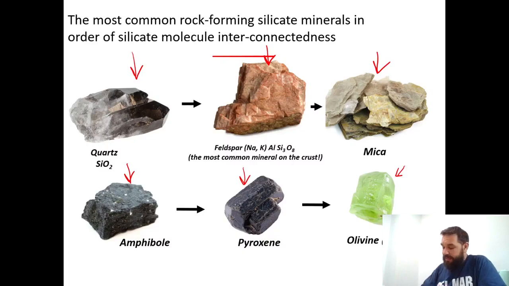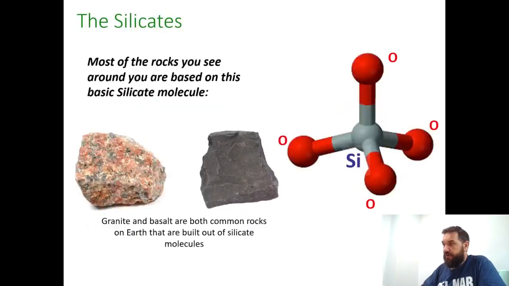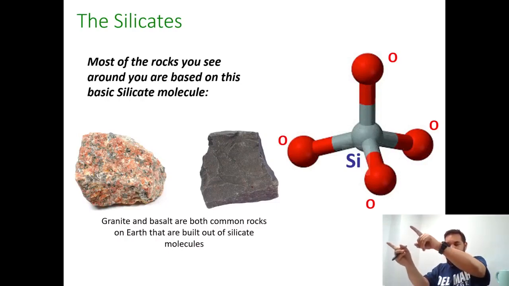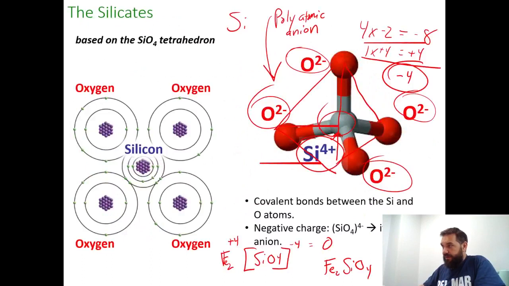Okay. So number 19, you can do this now. Draw out the silicate tetrahedron. Draw that picture that you see right here to the right. Sorry, this has got so much writing on it now.